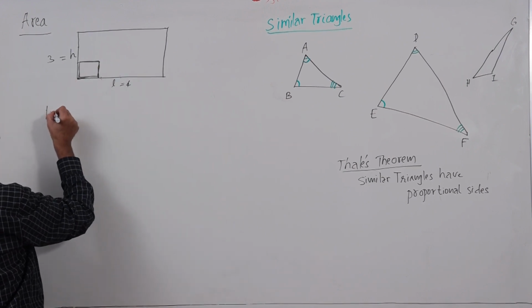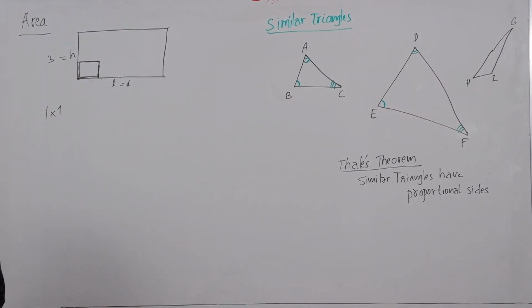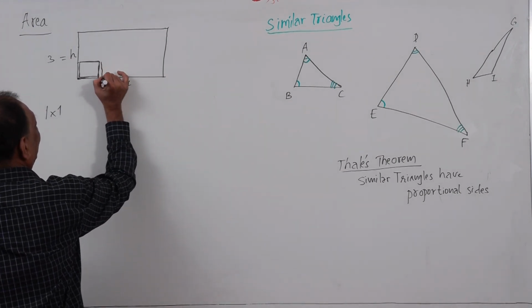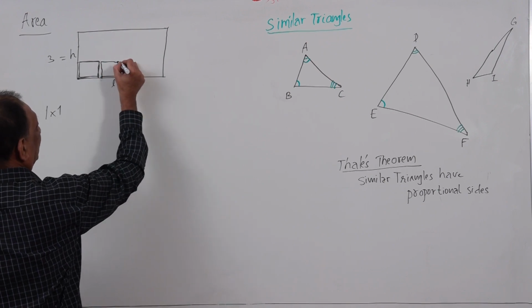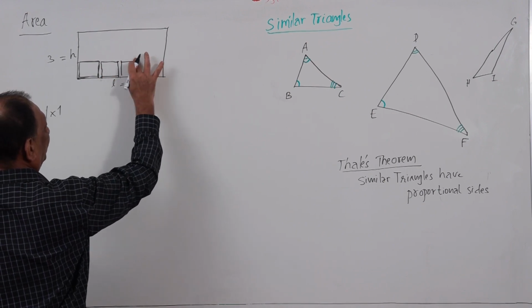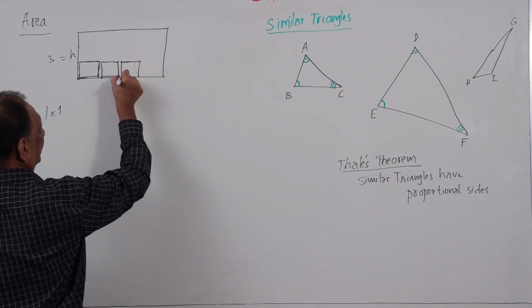Brick size is 1 by 1 unit. 1 foot by 1 foot or 1 centimeter by 1 centimeter, whatever measurement that you use, 1 by 1 is a brick. So that means if you have an integral length of 4, I can fit exactly 4 bricks on the length.